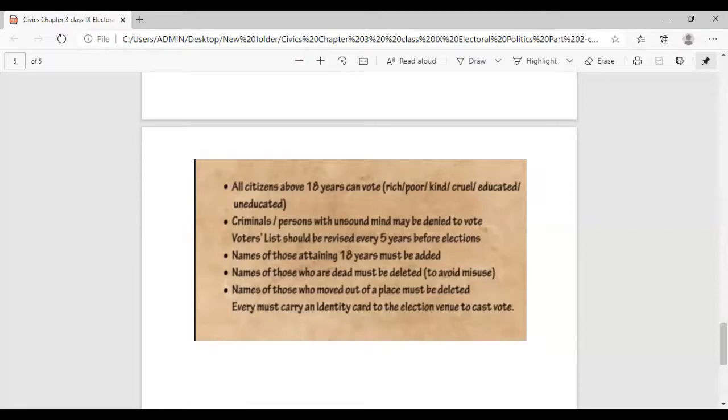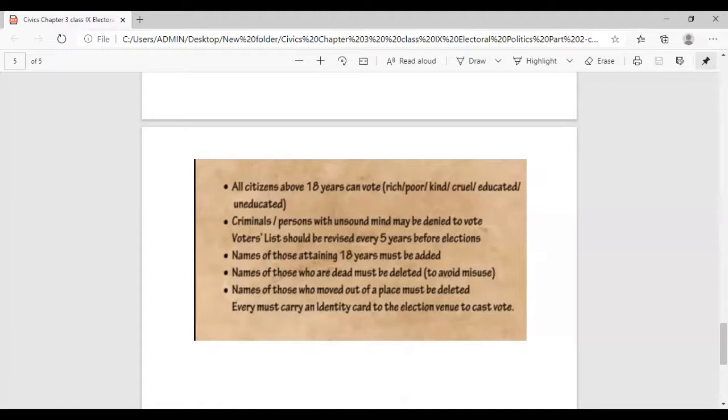And what are the things we need to incorporate during the revision of the voters list? First of all, the citizens who are attaining 18 years of age should be included in the list. The next prominent point is that all those who are dead should be deleted from the list.